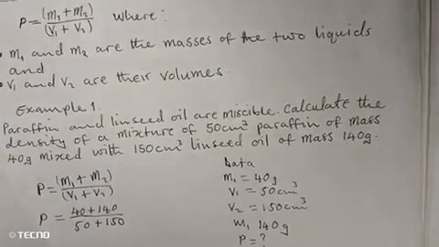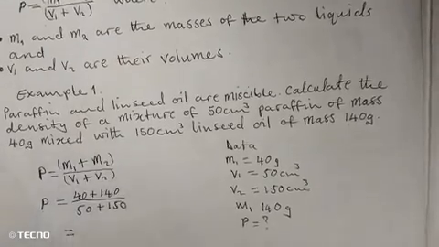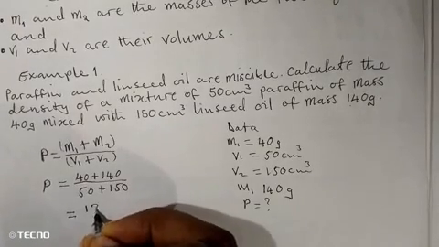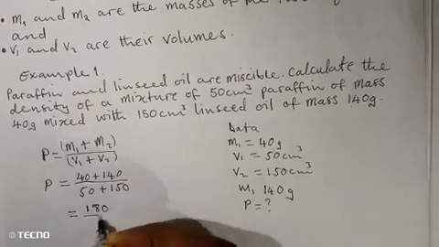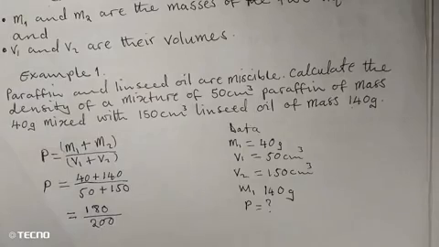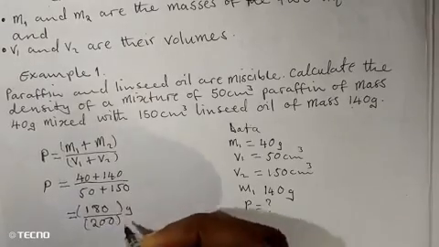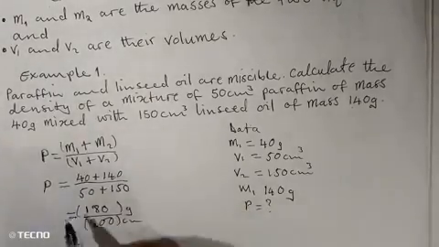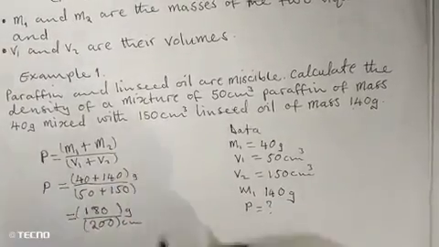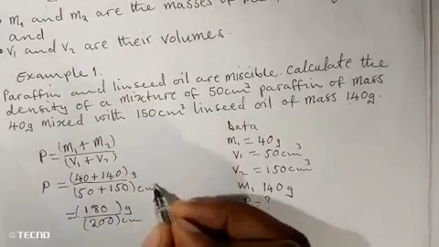So this is what we have. Having this, we can simply add this and this, we'll get 180 over 200. Remember, on this side we have grams, on this side we have centimeter cubed.